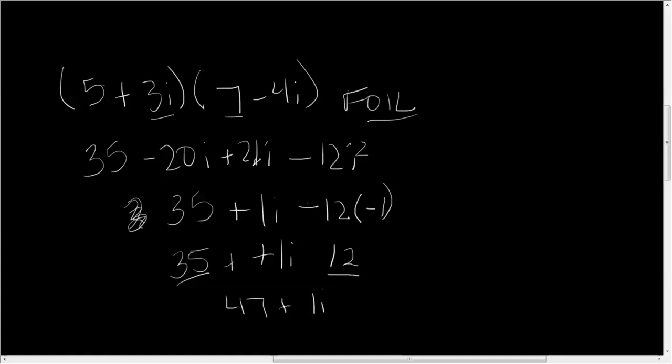All right, we saved the best for last. Dividing complex numbers. 5 plus 3i divided by 7 minus 4i. Basically, having a complex number in the denominator of a fraction is just like having a radical. We can't do it.